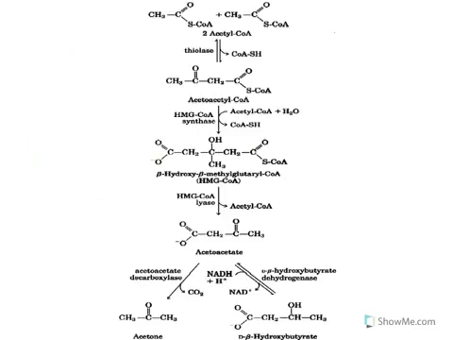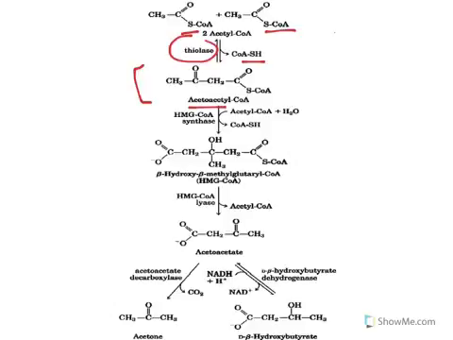How? Two acetyl-CoA will be joined together by thiolase. The CoA will be removed, and then we will form a structure called acetoacetyl-CoA.